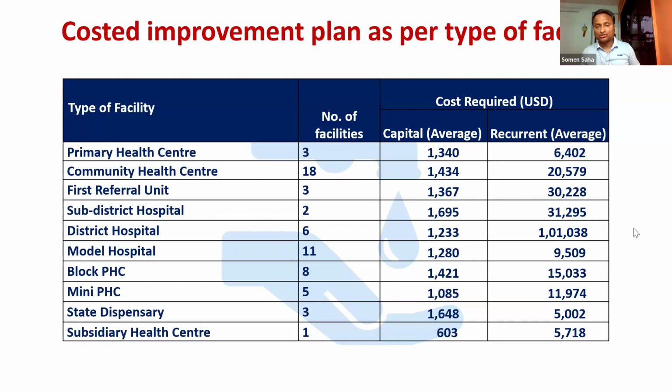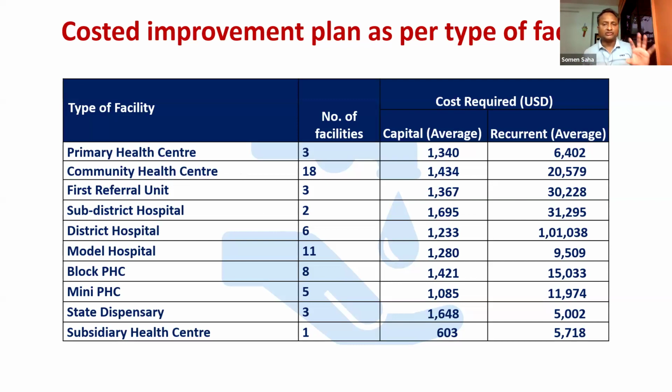These results were presented to the National Health Mission, Health and Family Welfare Department, Assam, and they used this data to make a case for making healthcare facilities WASH compliant in the state of Assam. So this was a very fast effort, made to secure resources to make public healthcare facilities WASH compliant.